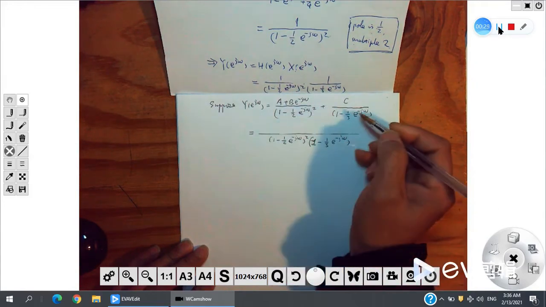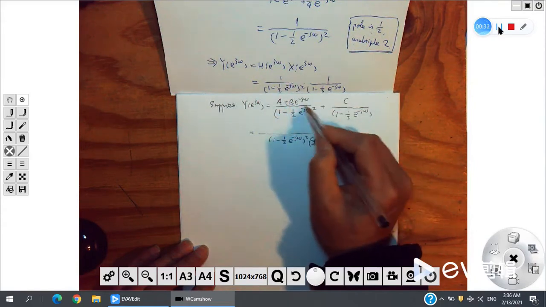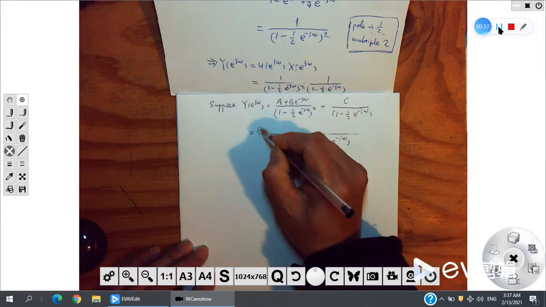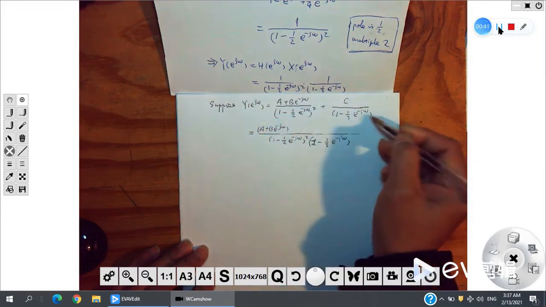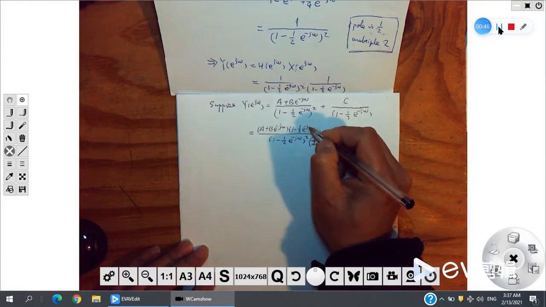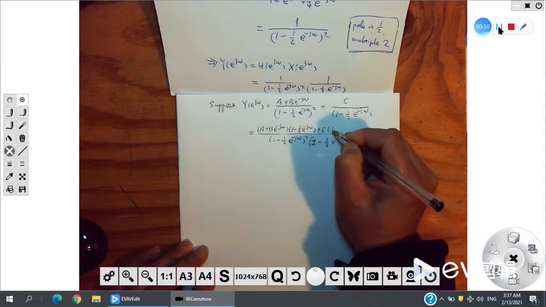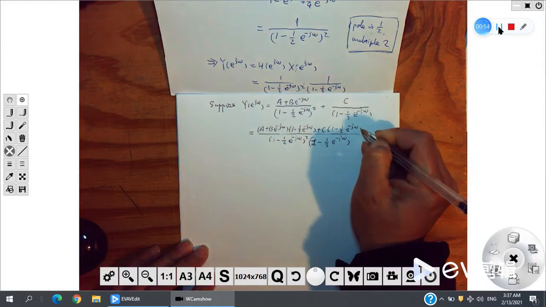And the numerator, we need to multiply crosswise and add them together. So the first one is a plus b e to the negative j omega times 1 minus 1/3 e to the negative j omega, and the second term is c times 1 minus 1/2 e to the negative j omega squared.